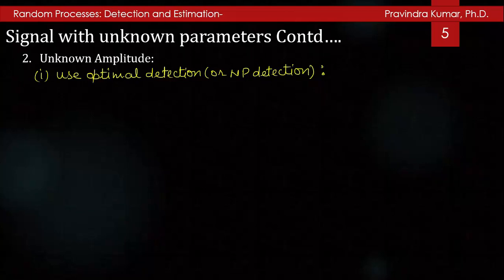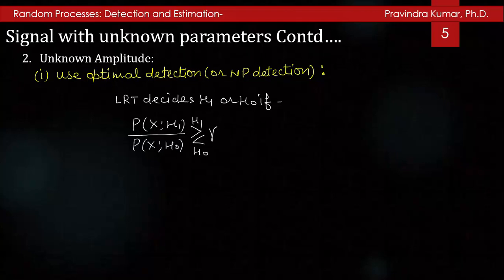For the NP detector, the likelihood ratio test decides H1 or H0 if the PDF under hypothesis H1 divided by the PDF under hypothesis H0, meaning the likelihood ratio, is greater than or less than the threshold value gamma.